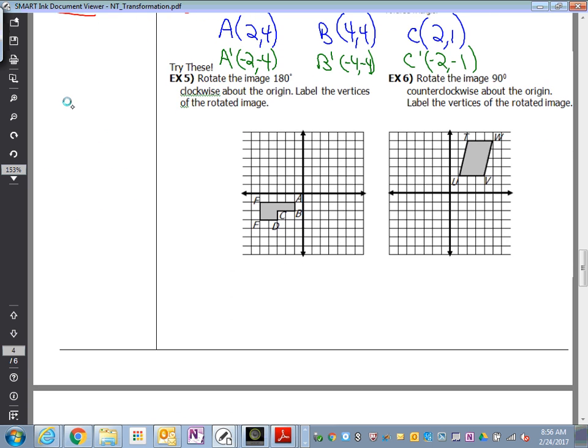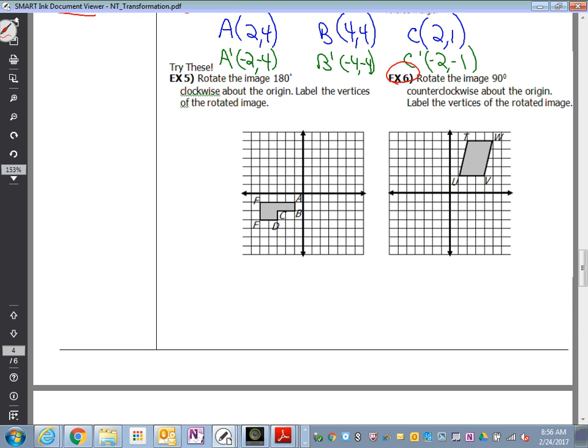All right, so let's look at example 6. We're going to skip 5 because that's another 180. This is the most difficult one.